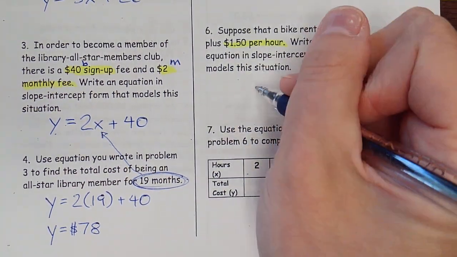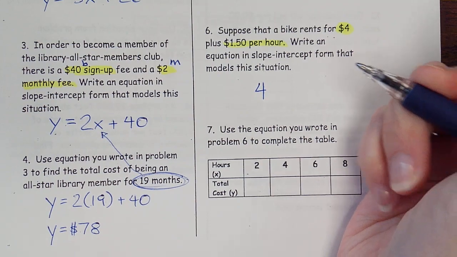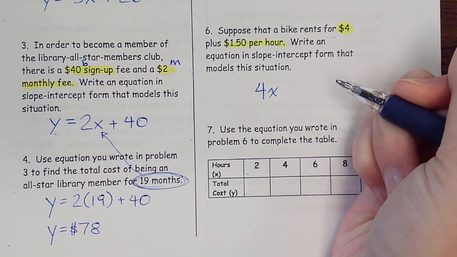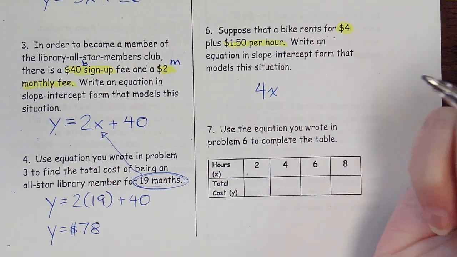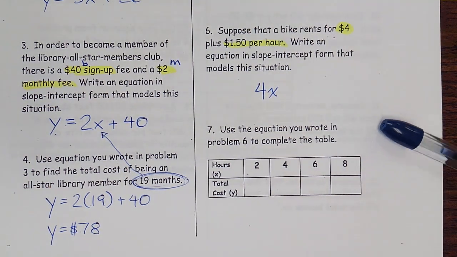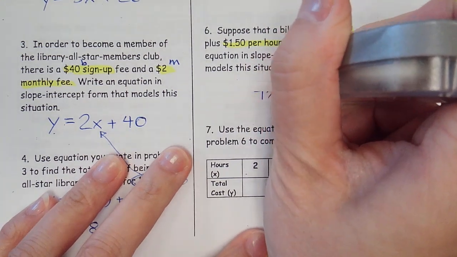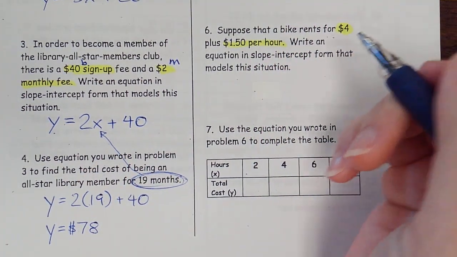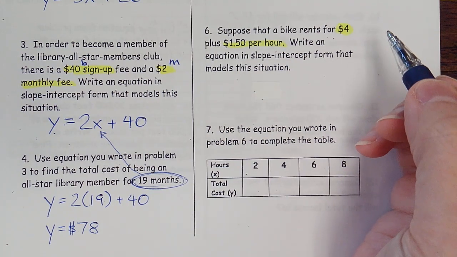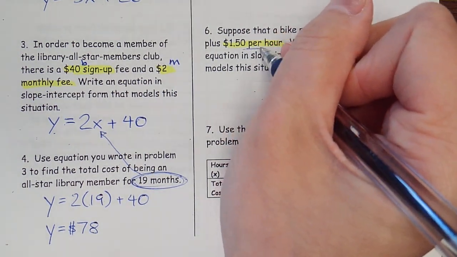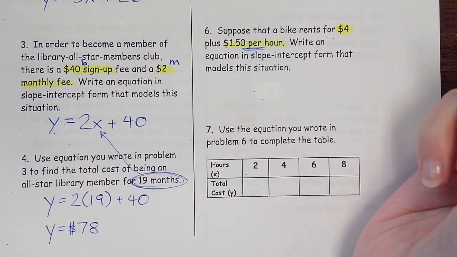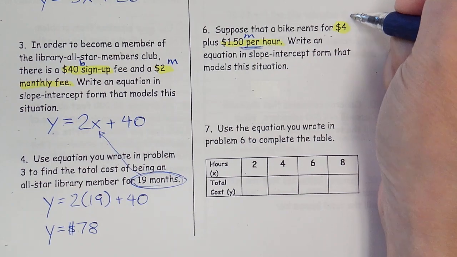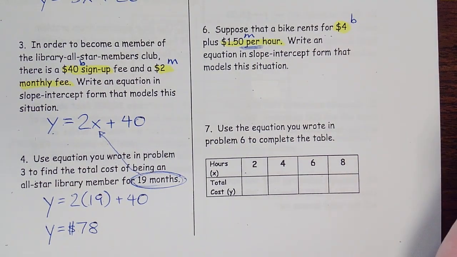4 and then X, plus 1.5. Wait. Which one is M? 4 is M and B is... Okay, so remember this is the per. So this would be the M, and this is your B. You're starting.